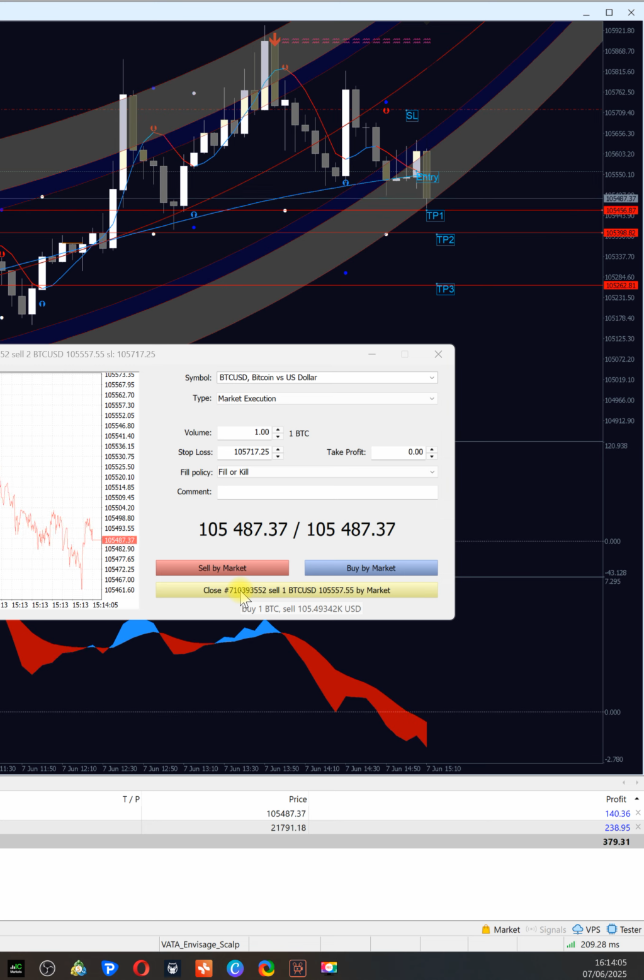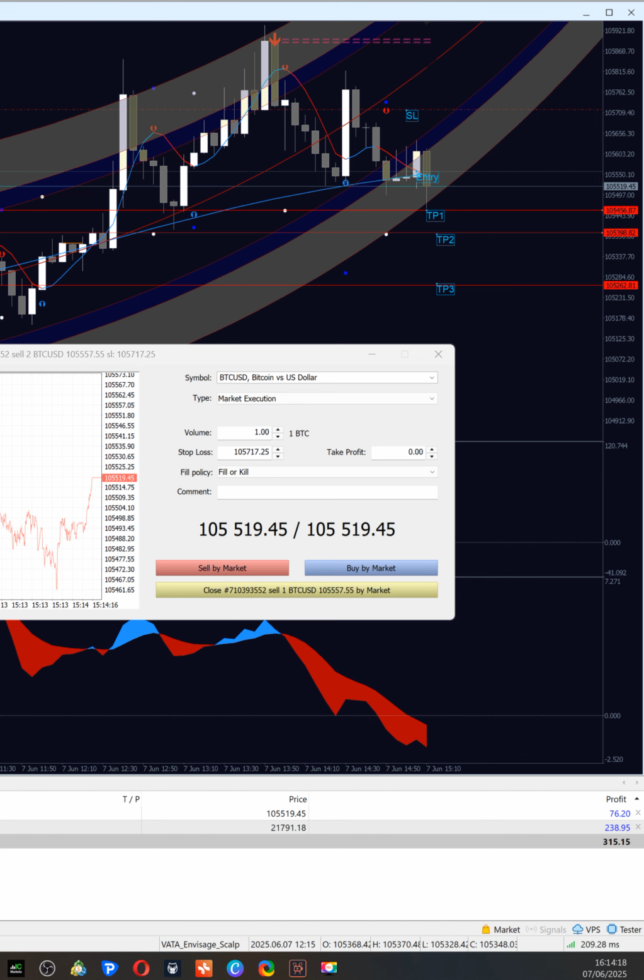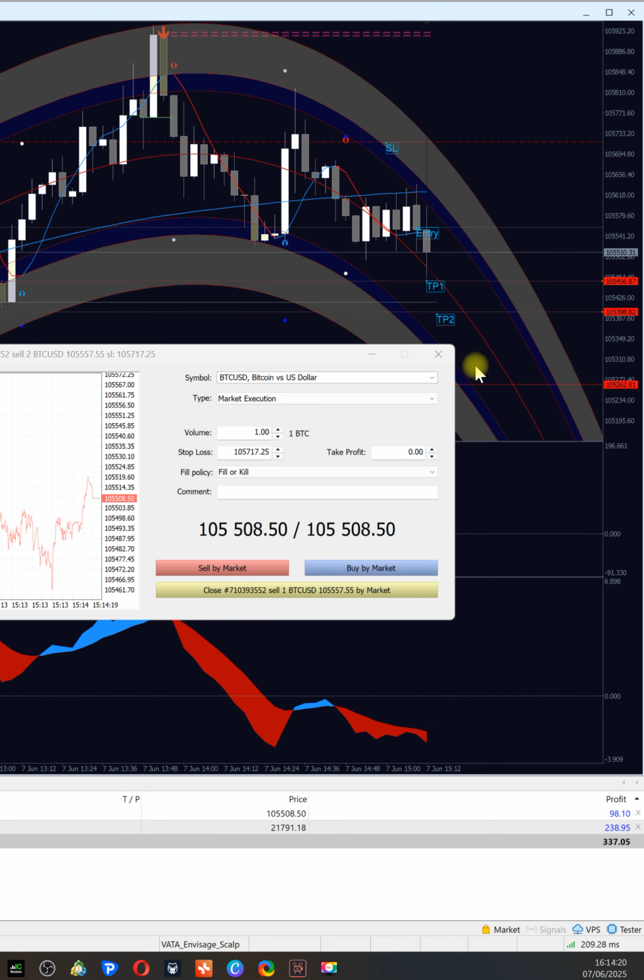Did it hit TP1? I probably missed it. Let's see if it actually comes back to it. Oh, probably have missed it. Let's see. No, it has not hit that. It just came very close to it.